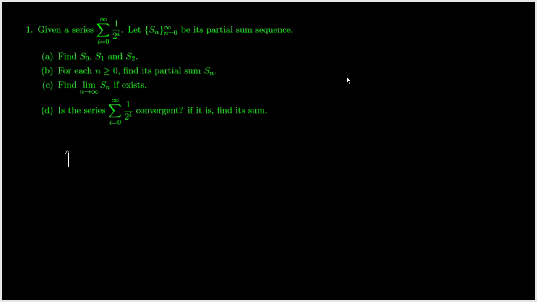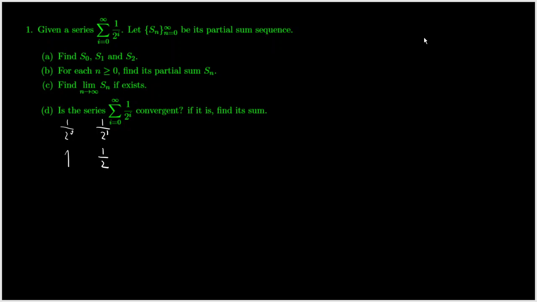By that we mean 1/2 to the power of 0 gives you the term 1. And then i value of 1 will give you the term 1/2. So 1/2 is determined by i value of 1.